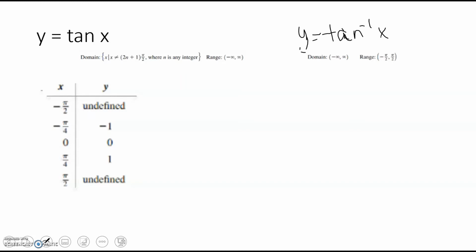I don't know if I did a great job of saying why we have to restrict the range in the last video, but one of the most important things is that in order for it to be a function, remember each x has to map to only one y. So we can't have an x mapping to multiple y. So we have to pick a specific period of the graph to where we won't start repeating y's, okay?